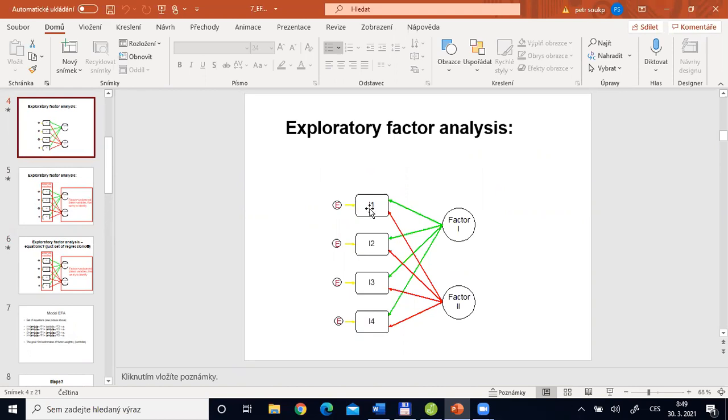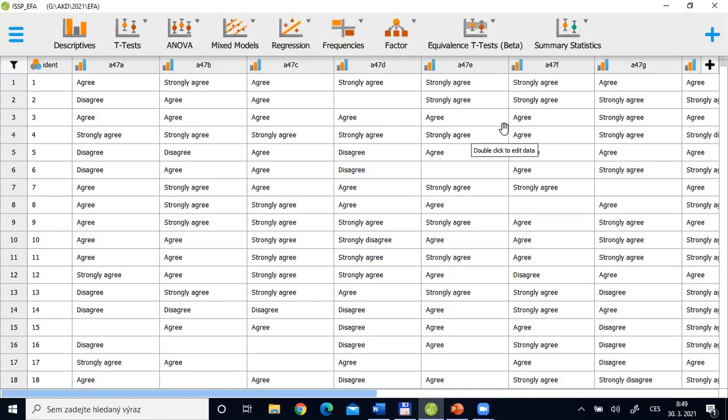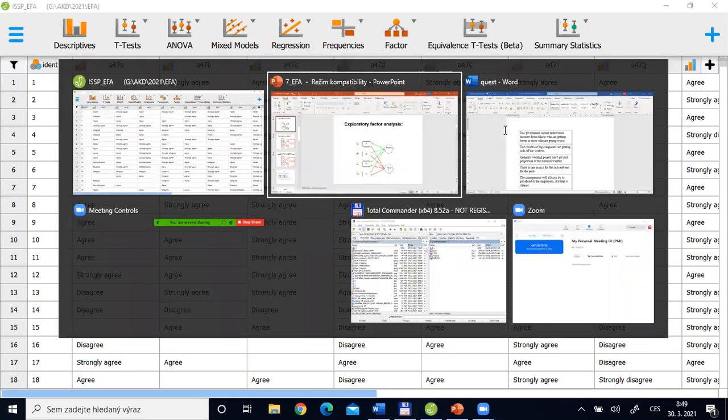So instead of 4 variables, I have only 2 or maybe only 1. Instead of 11 variables, I would have only 1, 2, or 3 variables. So I am reducing a big amount of original variables into a small amount of variables. That's the technical, or data analytical, reason behind factor analysis techniques.